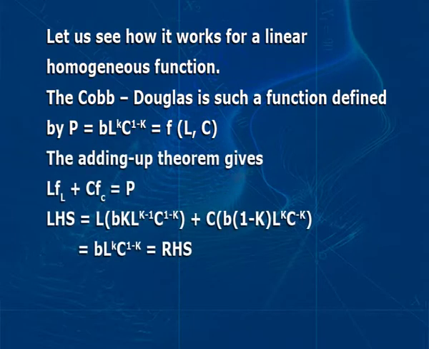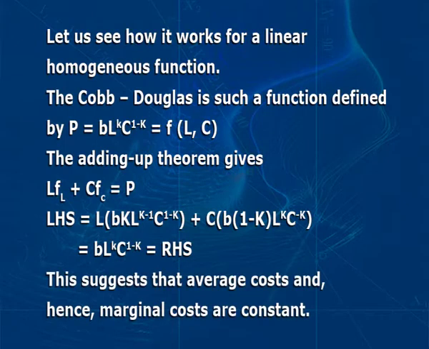The adding up theorem gives L FL plus C FC is equal to P. Left hand side is equal to L into BK L raised to K minus 1 C raised to 1 minus K plus C into B 1 minus K L raised to K C raised to minus K, which is equal to B into L raised to K C raised to 1 minus K, which is equal to right hand side. This suggests that average costs and hence marginal costs are constant.